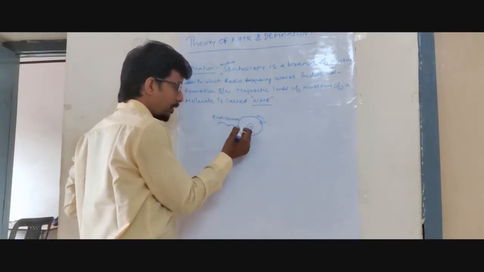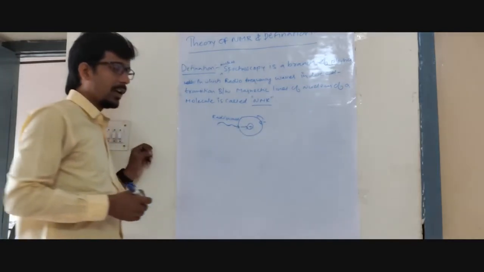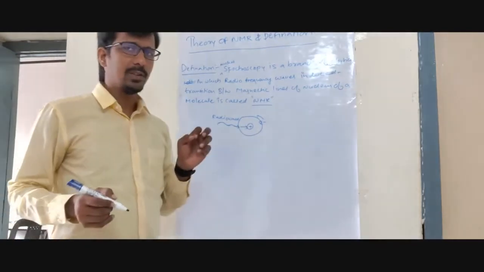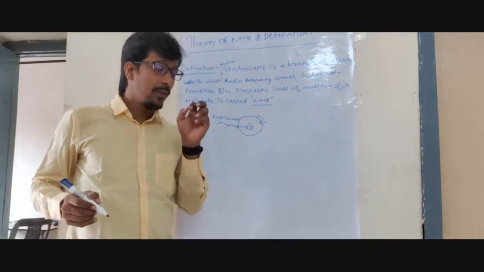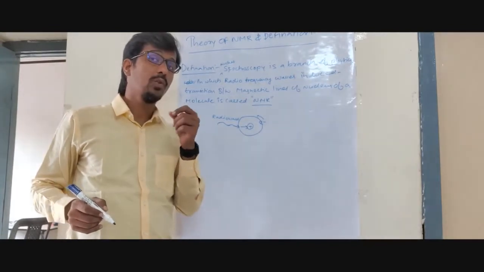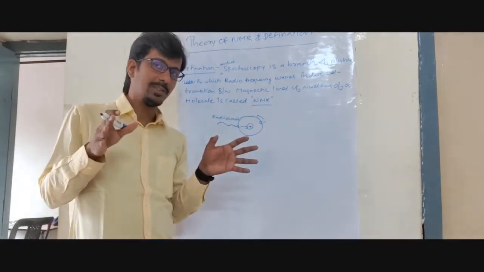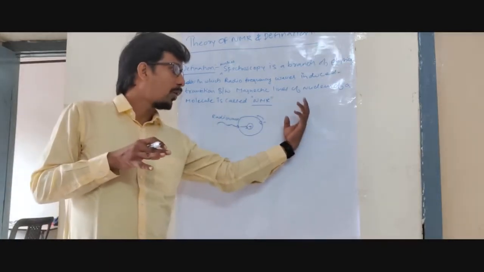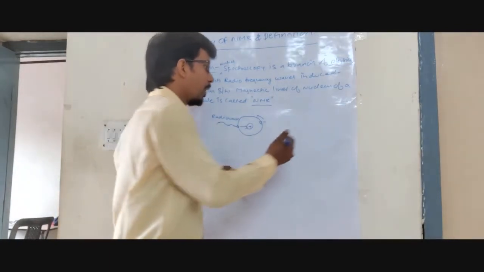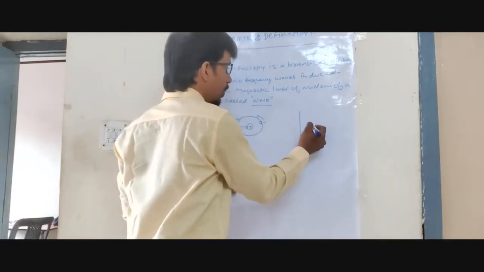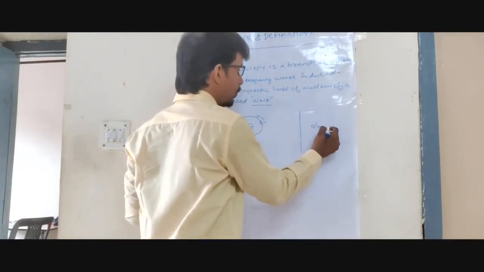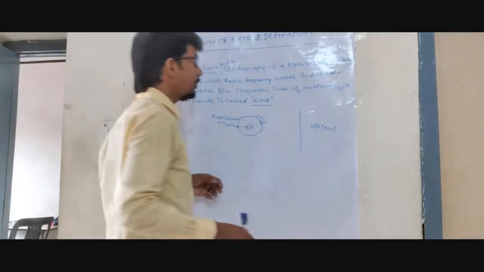Whenever I am applying, what happens? The size of the nucleus is very small. If we are not applying radio waves, otherwise what happens, the nucleus will get dispersed. No amount of output we are going to get. No output. Understood?